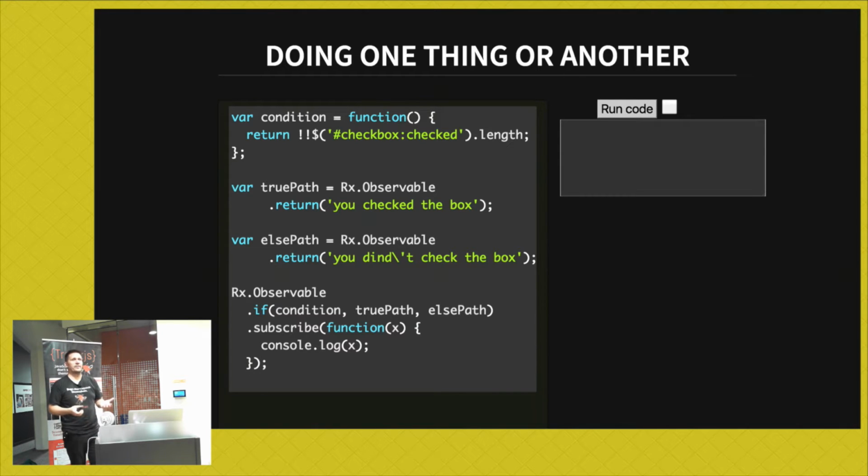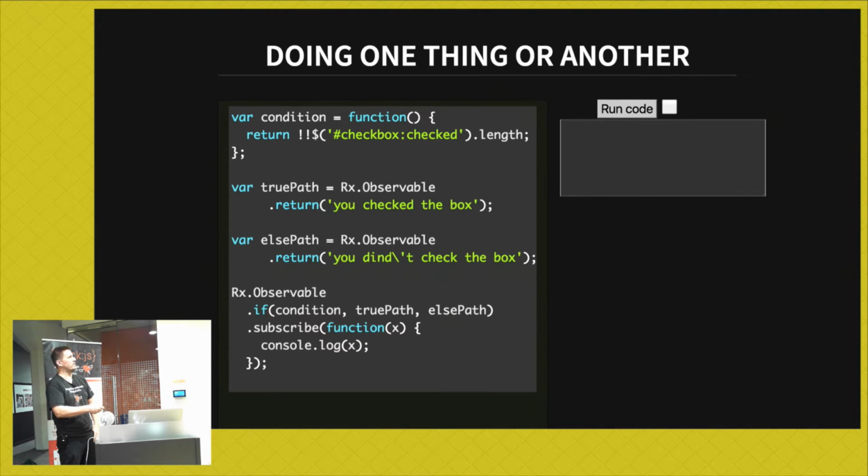So, doing one thing or another, right? Ifs, who writes them more than 10 times a day? We're using them all the time. RxJS has an if operator, and what it takes is a function that either returns true or false. If it's true, it runs the true path, otherwise it runs the else path.